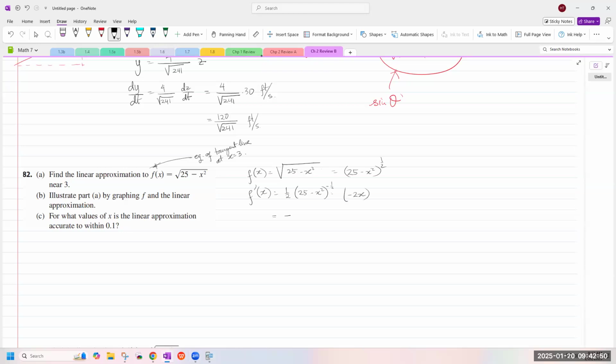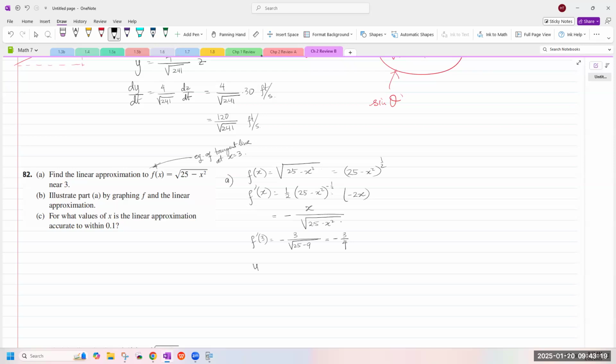The 1/2 cancels, so that's negative x over the square root of 25 minus x squared. Near 3, f prime of 3 is negative 3 over the square root of 25 minus 9, that's 16, so negative 3/4.